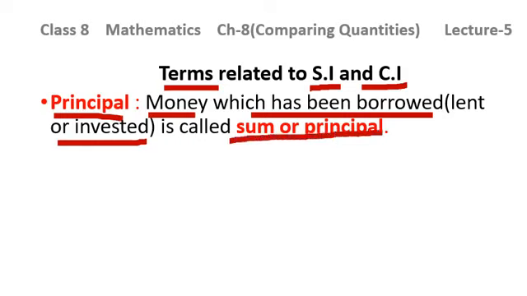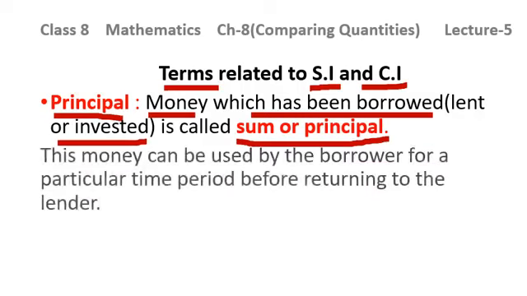You can say sum, and you can say principal also. The money which you borrow from someone is your sum or the principal.